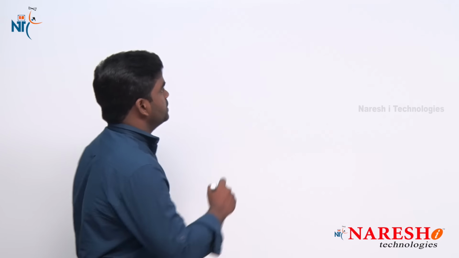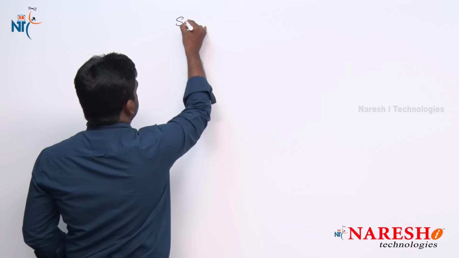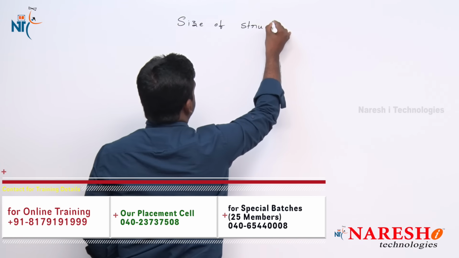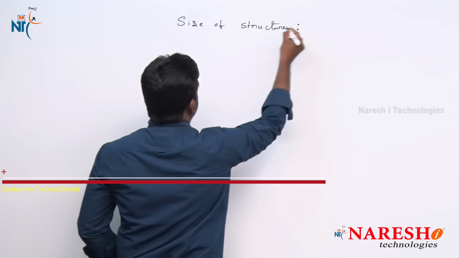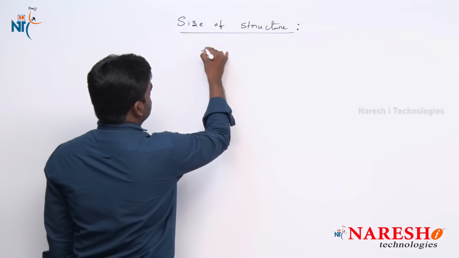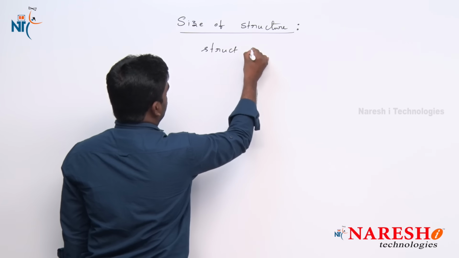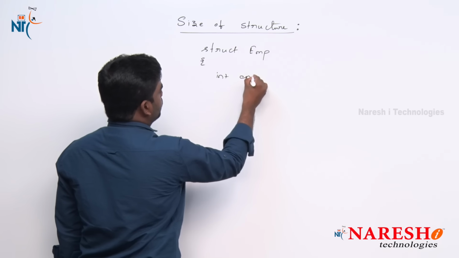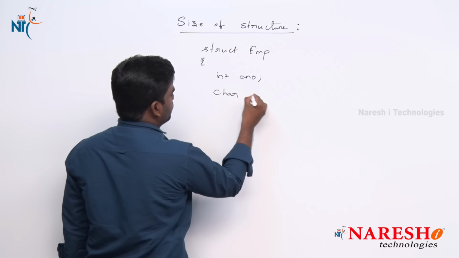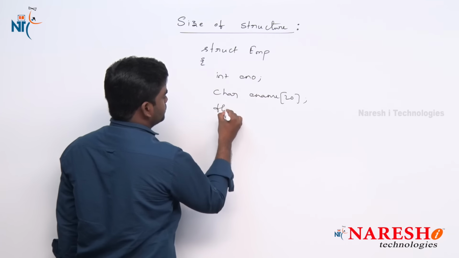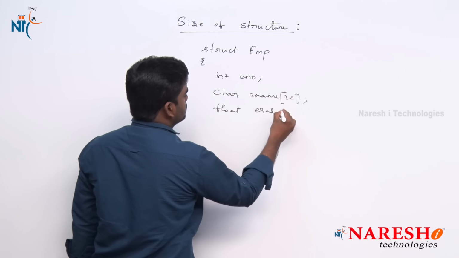First, how to find the size of a structure. I am defining a structure, the same struct employee, with employee number, employee name, and employee salary. The structure is ready.